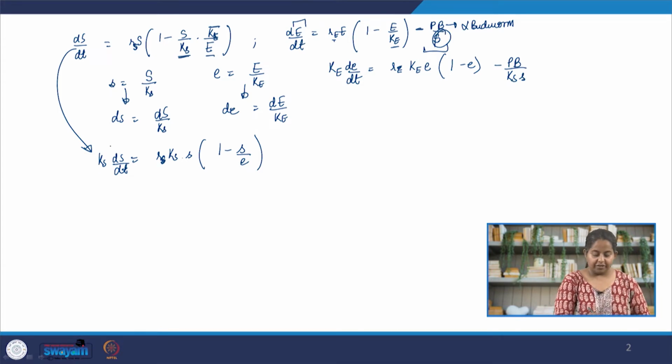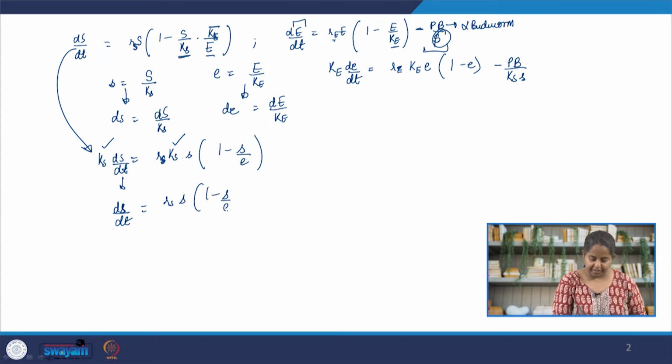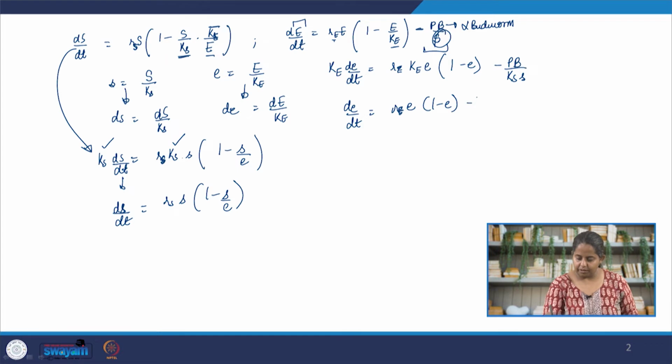You notice in this equation we have Ks on both sides. So this equation will become d small s by dt is equal to Rs s times 1 minus s by e. So this looks pretty comfortable. Now here also we can take Ke common. So we are left with de by dt is equal to Re times 1 minus e minus Pb by Ke Ks and small s.